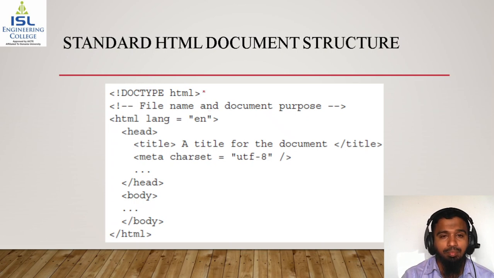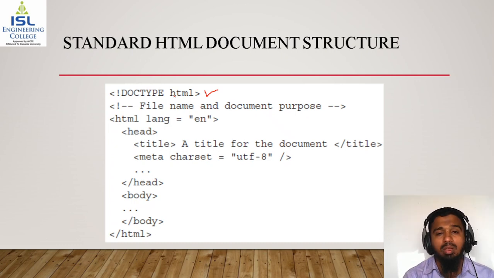First thing, document type HTML. Why do we need to write this? The browser should know what kind of document you are opening in the browser. So if you write the document type HTML, it will identify this is an HTML file.